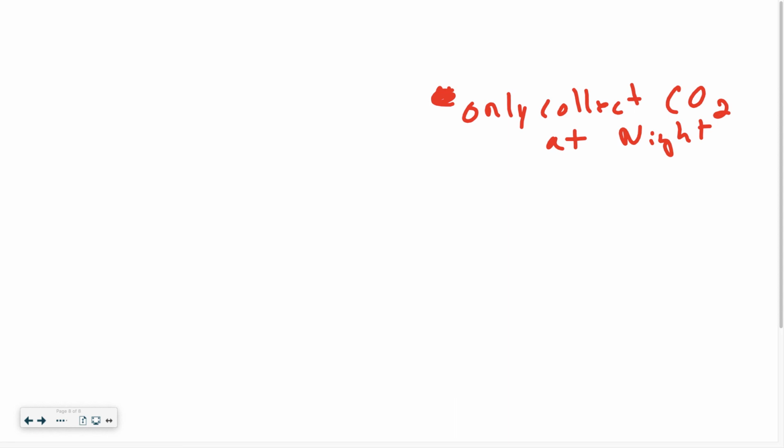Last page of chapter 8, section 2. CAM plants.